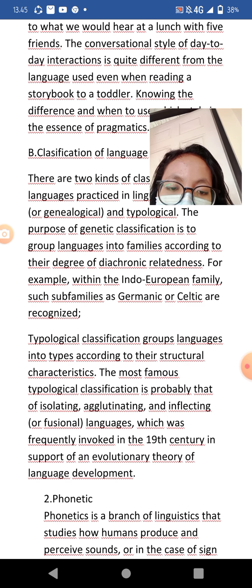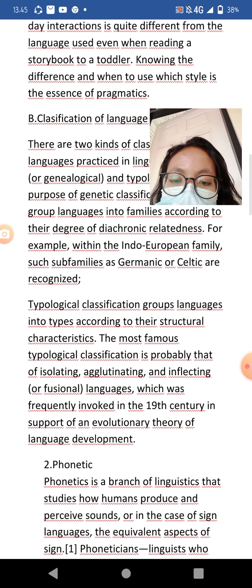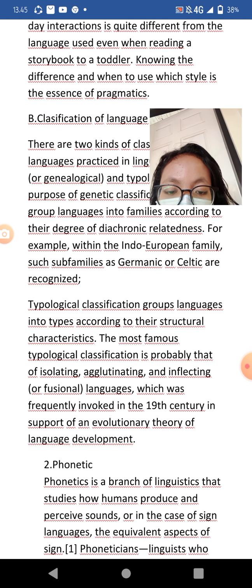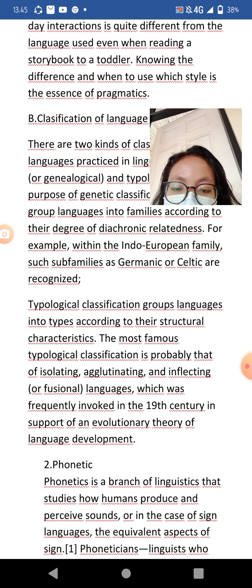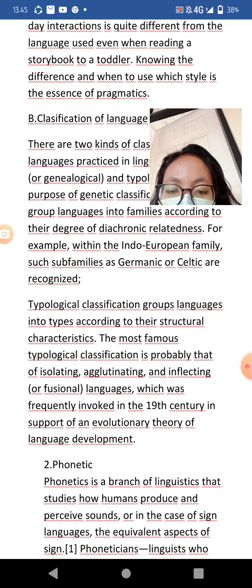Typological classification groups languages into types according to their structural characteristics. The most famous typological classification is probably that of isolating, agglutinating, and inflecting languages, which was frequently invoked in the 19th century in support of evolutionary theory of language development.